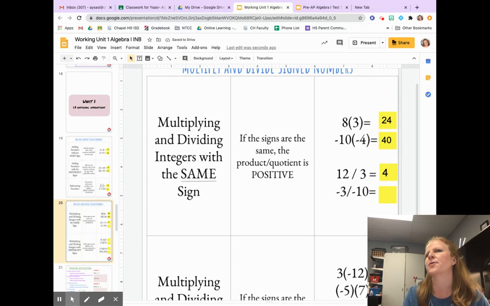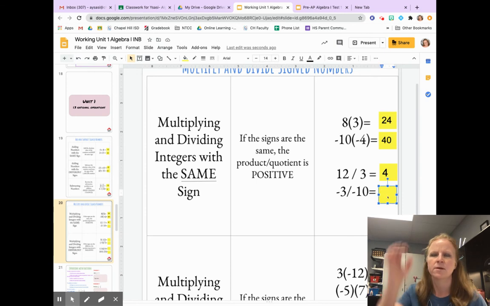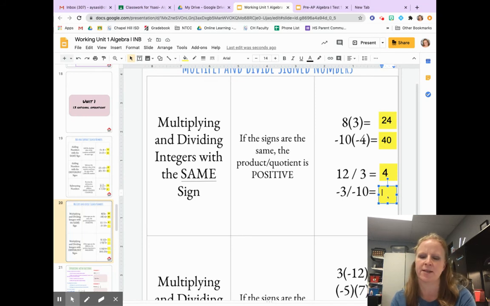Okay, -3 divided by -10. Same sign. So it is 3 over 10. It becomes positive 3 over 10, which is 3/10. Do y'all remember how to write that as a decimal? Yep, 0.3.